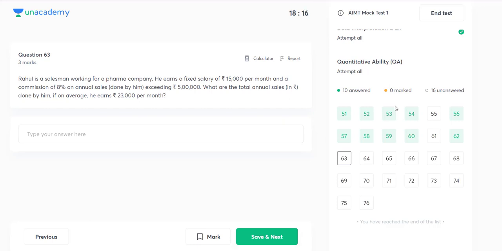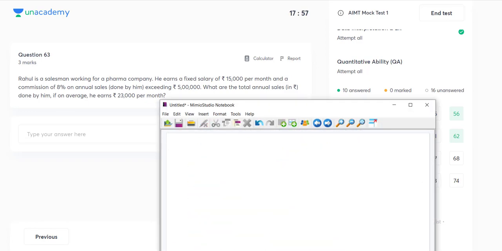After this, Rahul is a salesman working for a pharma company. He earns a fixed salary of 15,000 per month and a commission of 8% on the annual sales exceeding 5 lakh. So what is the annual sales if on average he earns 23,000 per month? Look here, let's say the sales done by Rahul is X plus 5 lakh rupees.